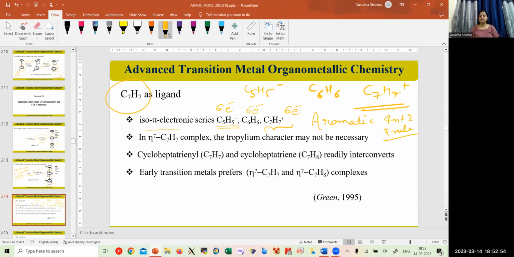So in an eta 7 C7H7 complex, the tropylium character may not be necessary. So not always would it be in this particular form. They can also interconvert from C7H7 to C7H8 and vice versa. And normally early transition metals, for example titanium, scandium, vanadium, chromium, will tend to form metal complexes with these kinds of moieties.